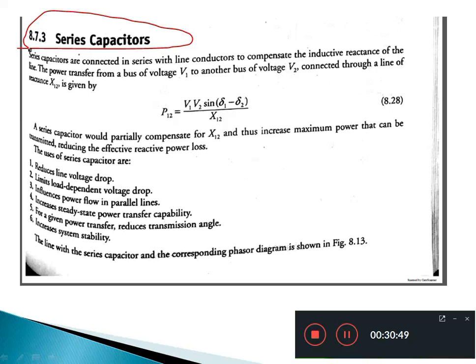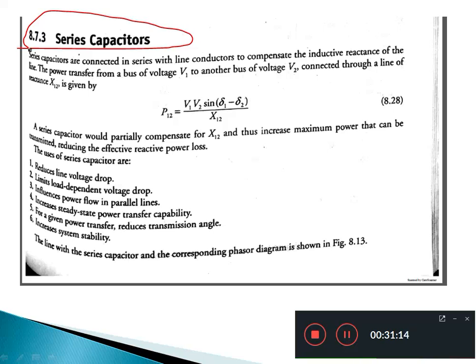That's why you have to connect the capacitor in series with the transmission line. In general, the power equation is given by V1 V2 sine of delta 1 minus delta 2 divided by X12. V1 is the source voltage, V2 is the load voltage, and the sine of the angle is the standard formula for the difference of angle between source and load.